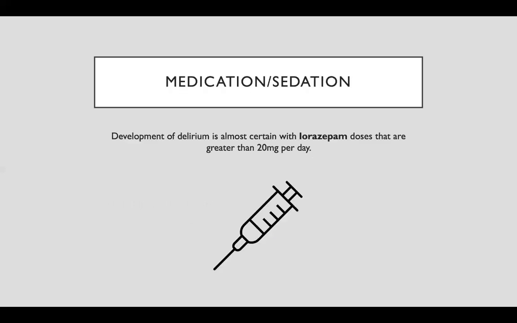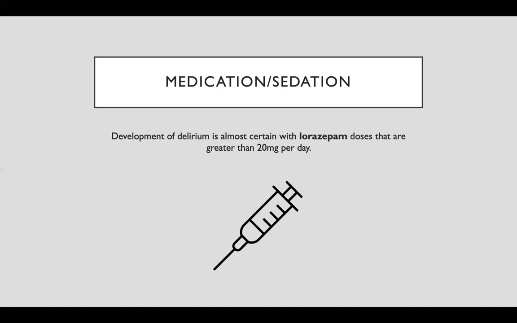And just something interesting about medication and sedation, the development of delirium is almost certain with lorazepam doses that are greater than 20 milligrams per day. And lorazepam is a benzo. And so I think that this is something interesting to think about when we're chart reviewing our patients.